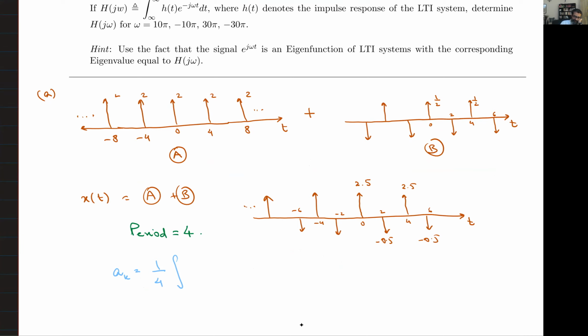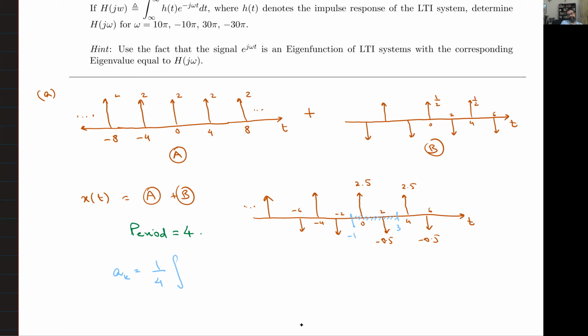Now in order to make my life easier, I can choose -1 all the way up to 3, right? So this is my integration period, because that covers the entire period. 4 to 0 will not work, 0 to 4 is possible, right? 0 to 4, excellent.